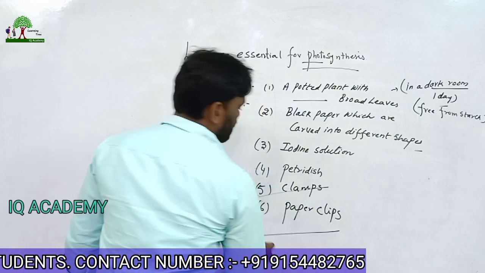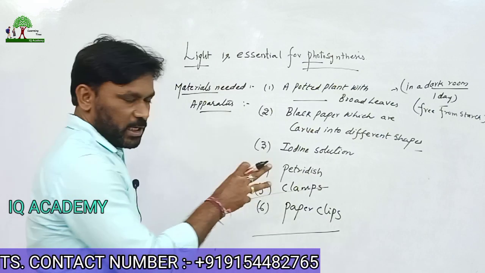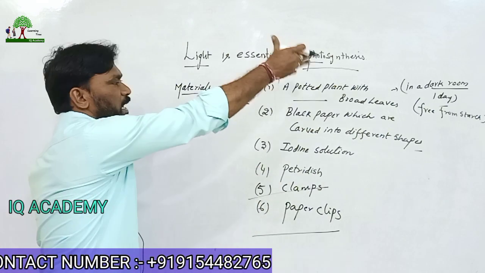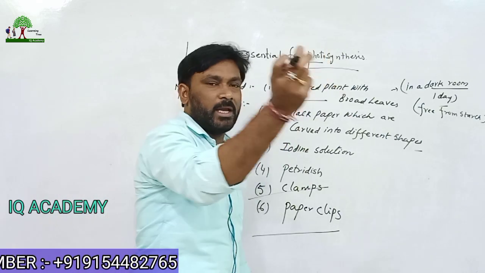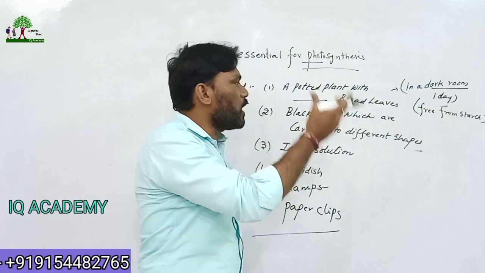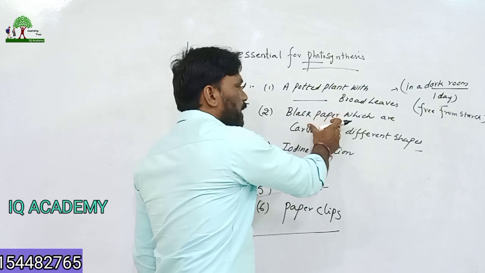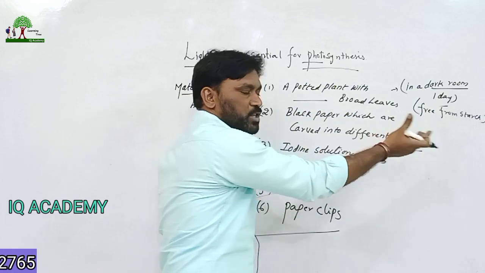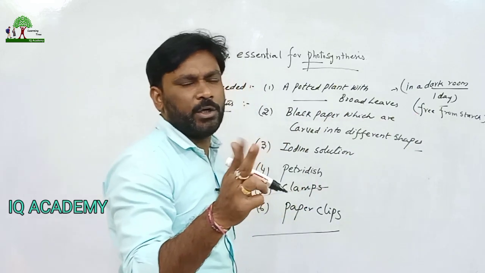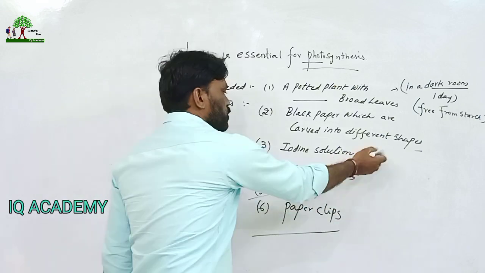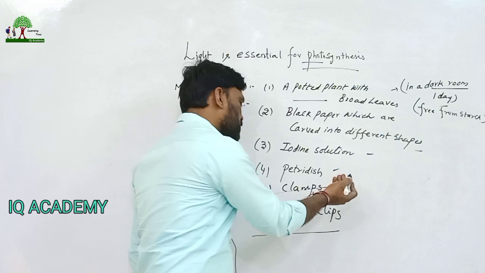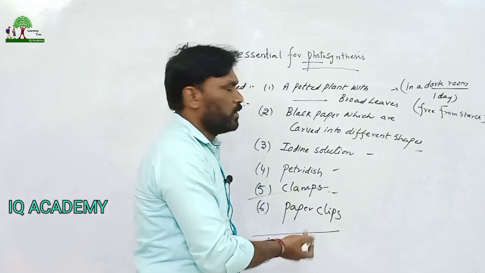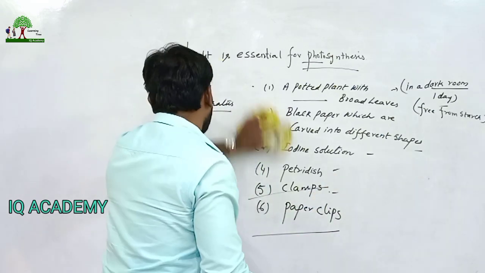So these are the materials needed. First, a potted plant with broad leaves has to be kept in a dark room for one day in order to be free from starch. Carved means nothing but cut into different shapes. If clamps are available, fine, otherwise paper clips are enough. Then we will conduct the experiment now.